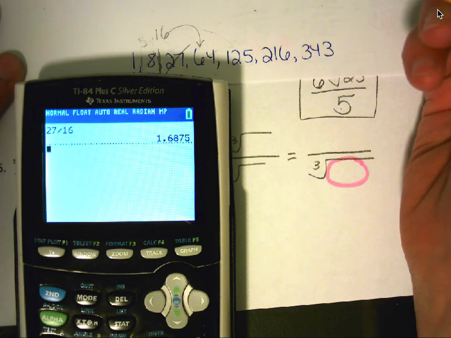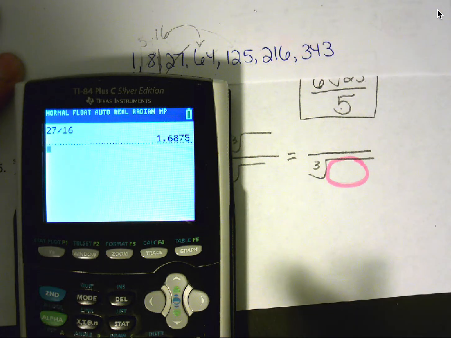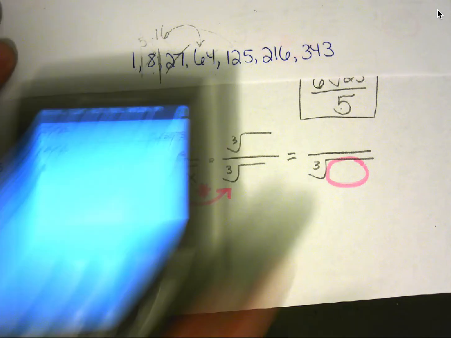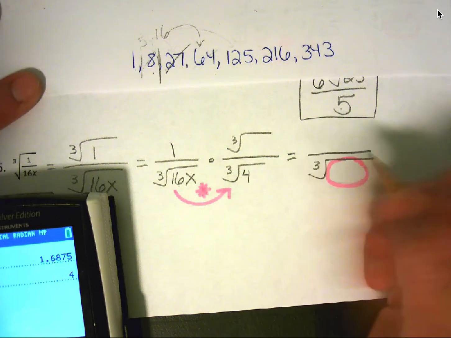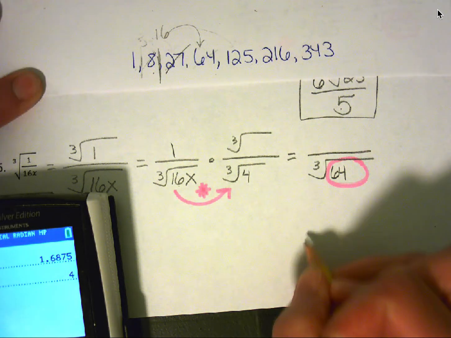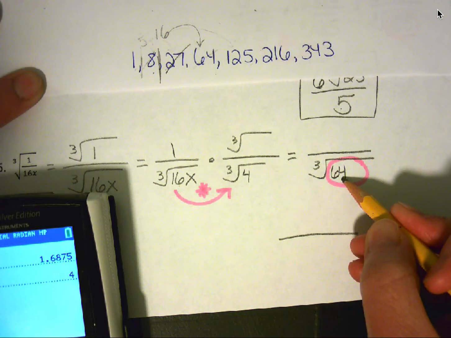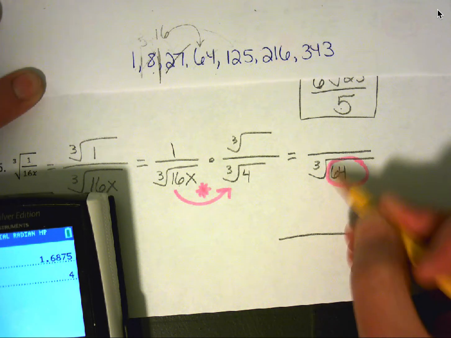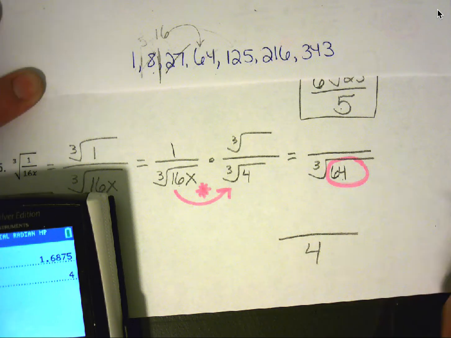Well, why don't I just go 64 divided by 16? And notice it's times 4. So if I multiply this by 4, I'll get to 64, and 64 is perfect. So the cube root of 64 is just 4.